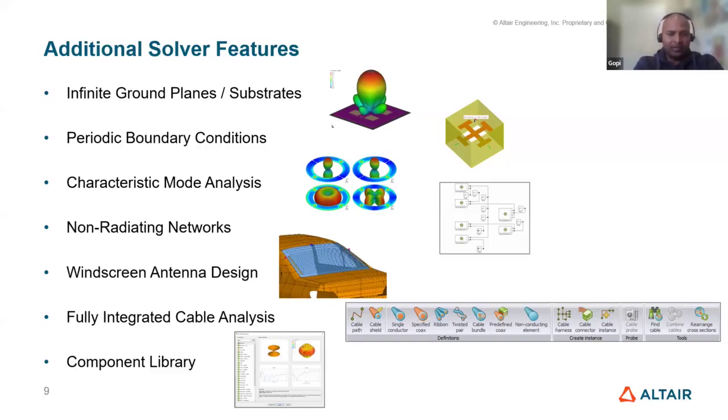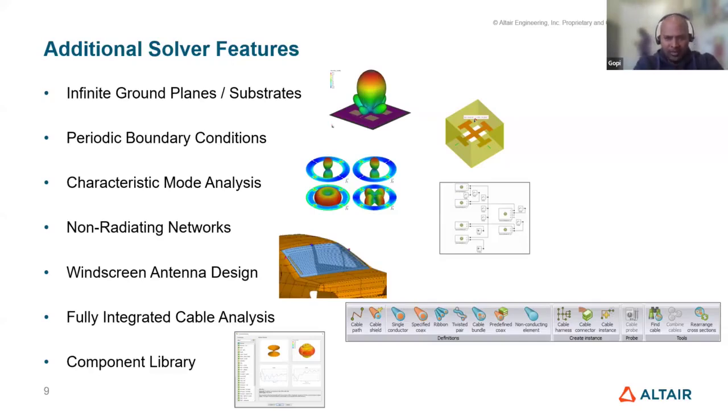Okay, so when you add it to your Feko project, the model will be a fully parametric design, meaning it is designed using design variables. So you can obviously change the design by changing the values of the design variables.